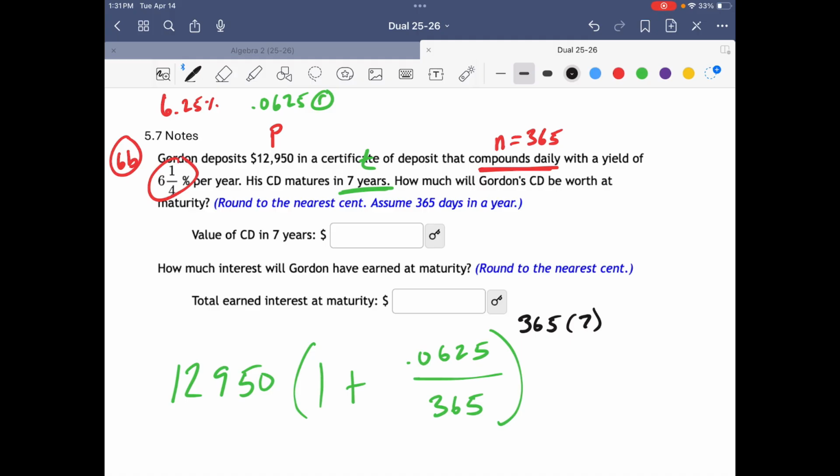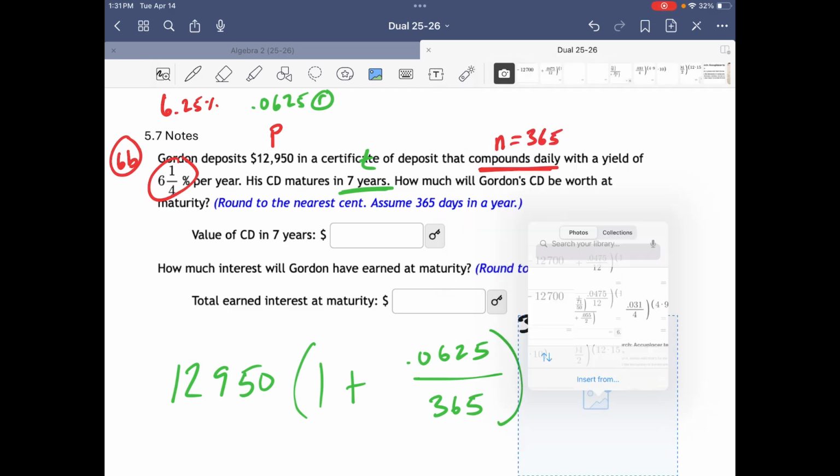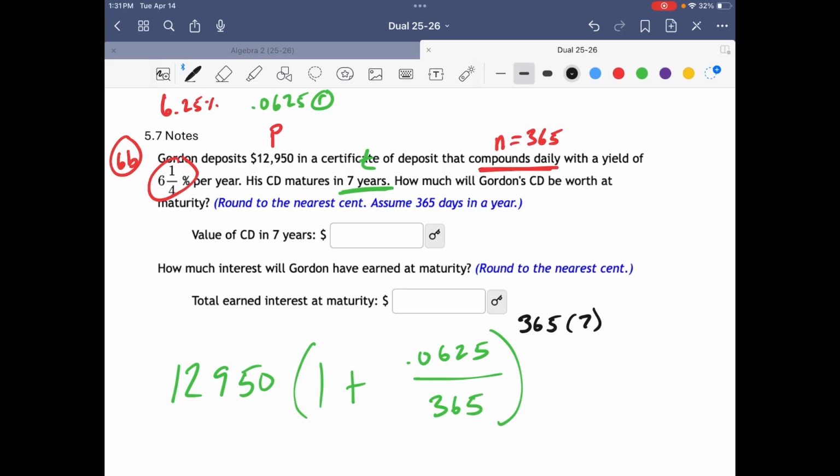And then whatever that gives you. I don't think I did this one in my notes. No, I didn't. So just put that on Desmos, right? And then you'll get the answer. Whatever you get here, you put that answer that goes there. And then whenever you get the answer that goes there, you're going to subtract it from the 12,950 and that answer goes here. Okay, and that should be it for the notes.